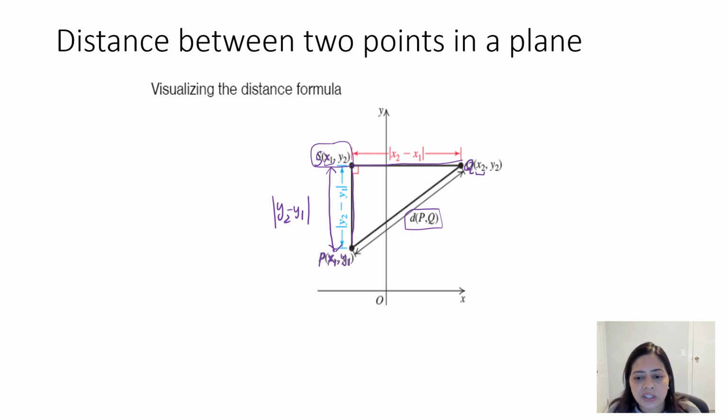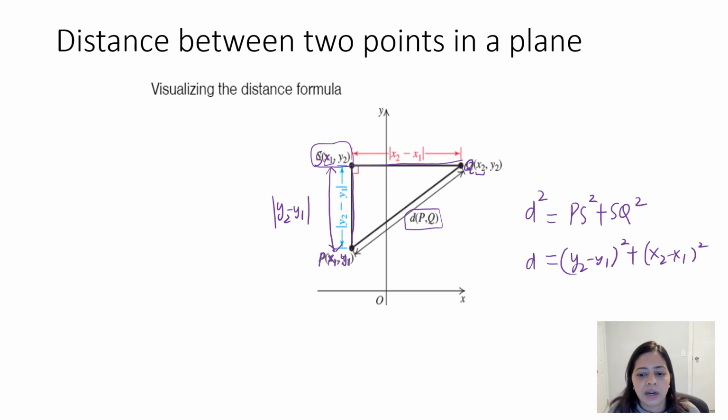And now the Pythagorean theorem tells you that d square is PS square plus SQ square, right? So (y2 minus y1) square plus (x2 minus x1) square, that's d square. But our goal is not to find d square, our goal is to find d. So d is the square root of this.